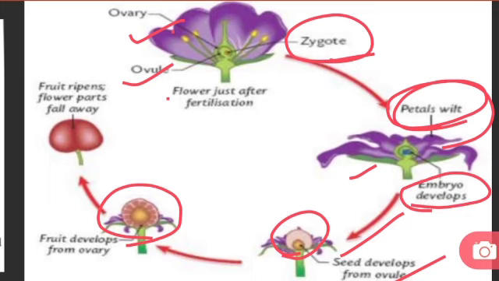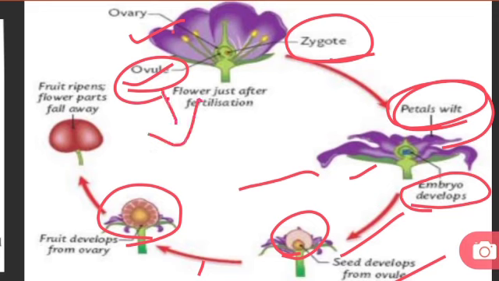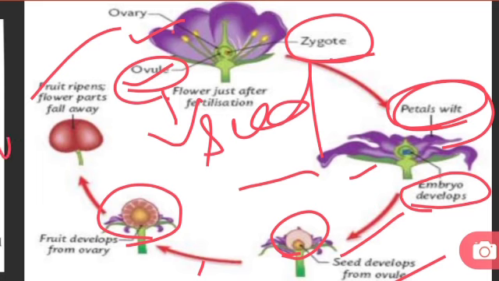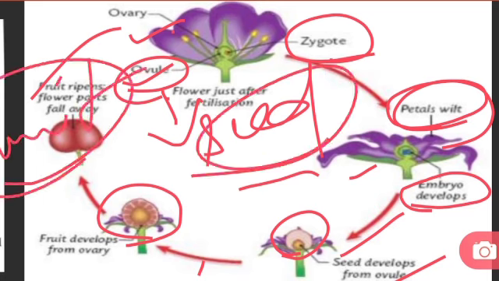In some cases the sepals are attached with the fruit itself, like in the case of brinjal, you can see the leaf-like structure, those are nothing but the sepals. Then after that you can see that the ovule will turn into seed and ovary will turn into fruit. Now leaving these two, the other structures will start withering.